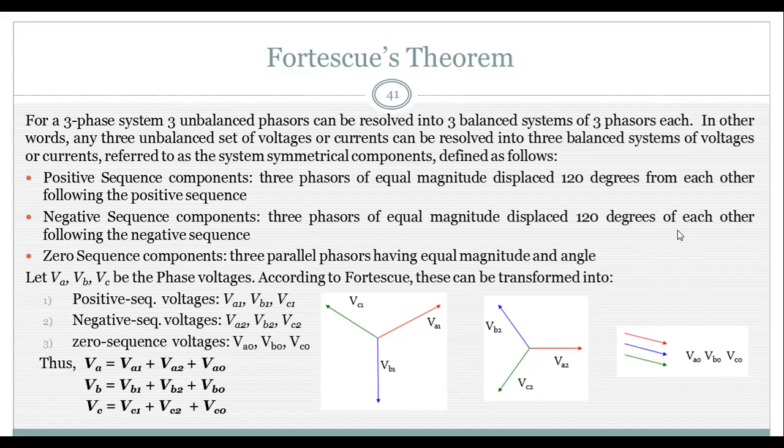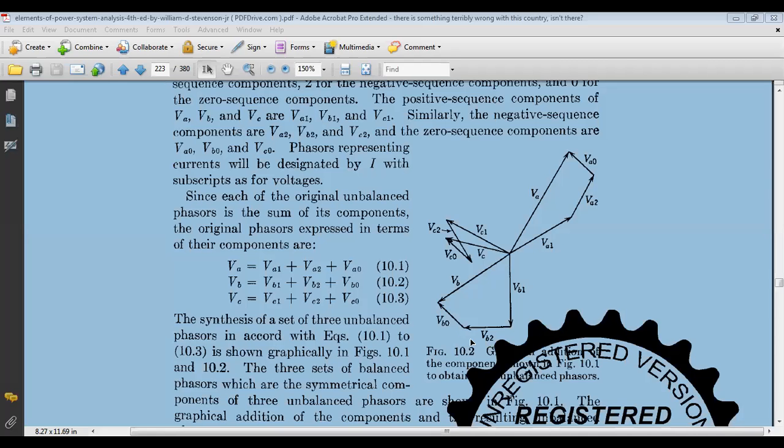If we want to balance the unbalanced system, we have to introduce a total of 9 symmetrical components. For each phase there should be 3 symmetrical components.